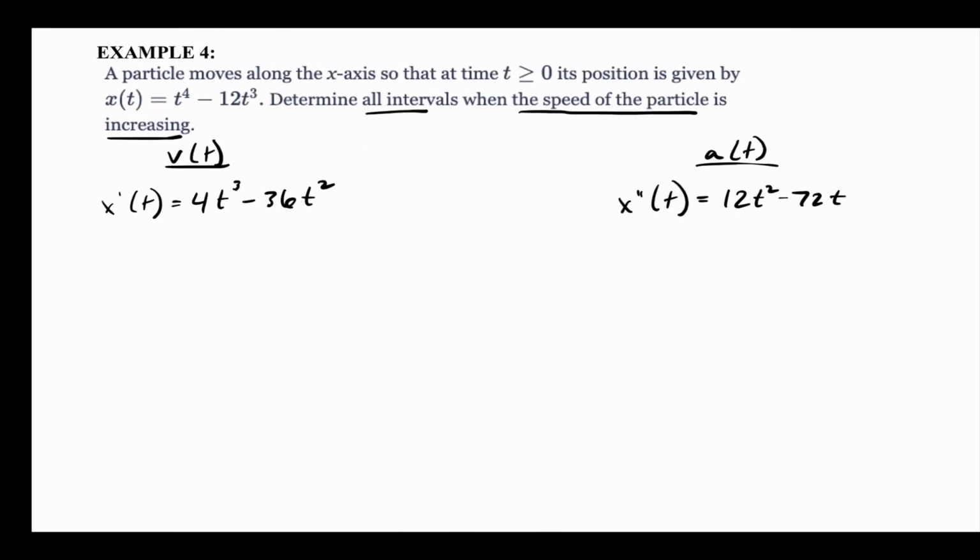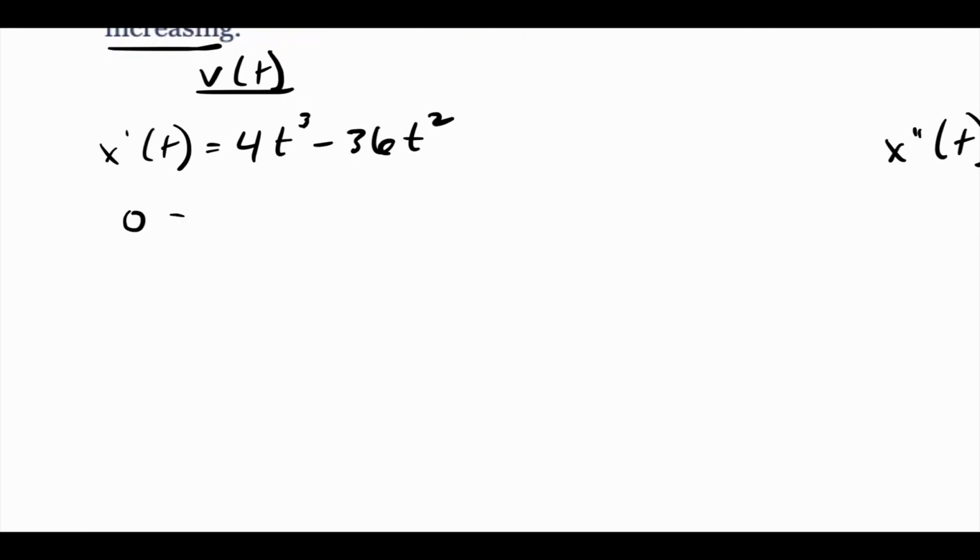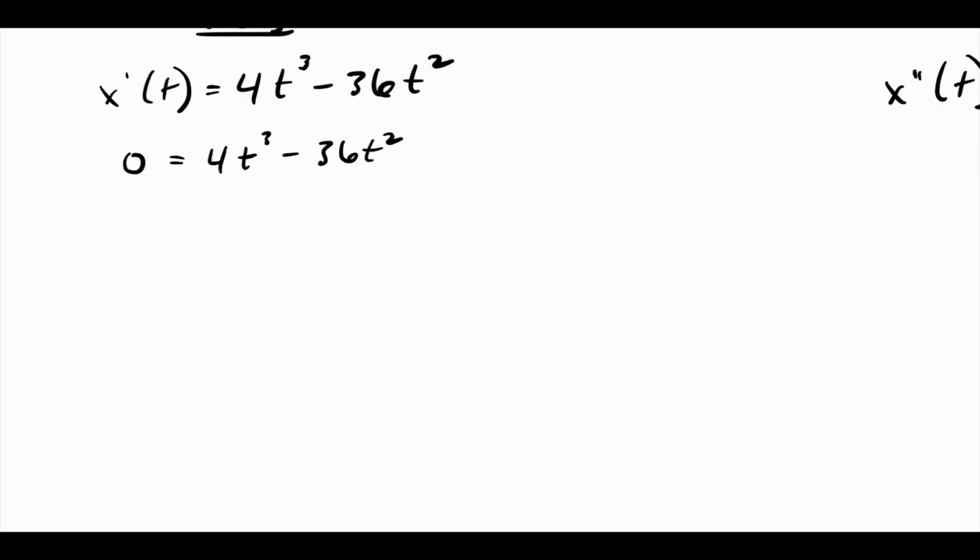So first derivative test. On the first derivative, set it equal to 0. It's a binomial. GCF. 4t squared and t minus 9. Set 4t squared equal to 0.